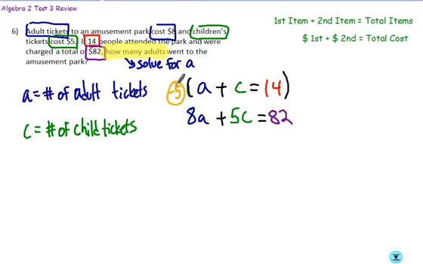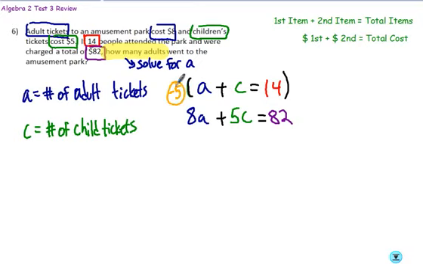Right? And I'm going to have a new equation now. So I've got negative 5A minus 5C equals negative 70. And then the second equation stays the same: 8A plus 5C equals 82.